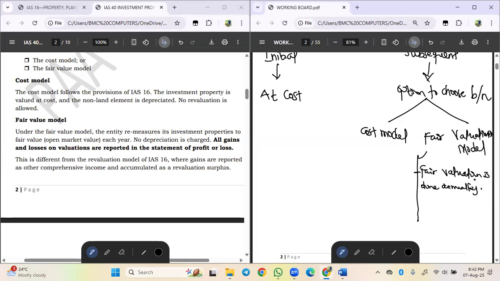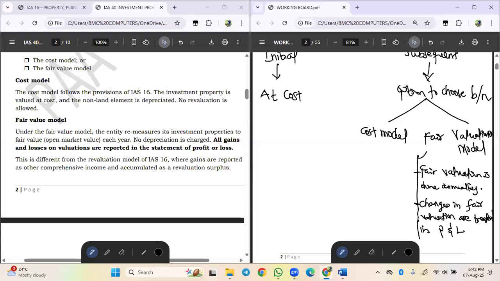So after that, I will come to the differences between fair valuation under IAS 40 and revaluation under IAS 16. There are differences. With the fair valuation, the changes in fair valuation are treated in P&L, but the revaluation differences were treated in where?